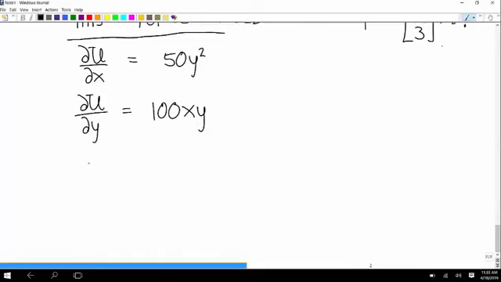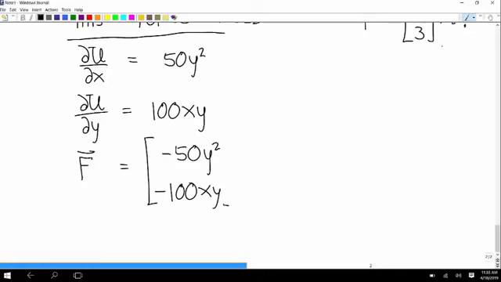And so that means that the force vector is negative 50y squared, negative 100xy, because you have to apply that negative for the force vector, evaluated at the location 2, 3, x equals 2, y equals 3.